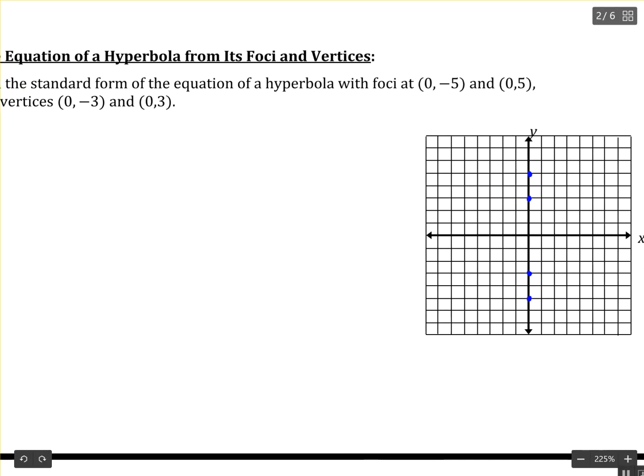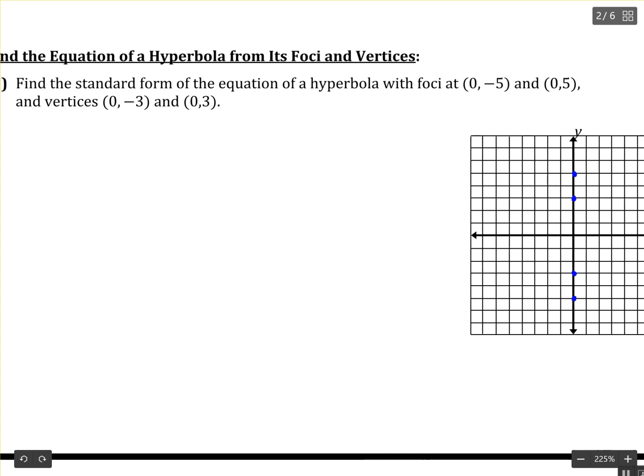Now if I look at this, remember, c squared equals a squared plus b squared. We know a is equal to 3, because that's how far we had to go. So 3 squared. c is equal to 5. So I get 25 minus 9 equals b squared. So b equals 4.